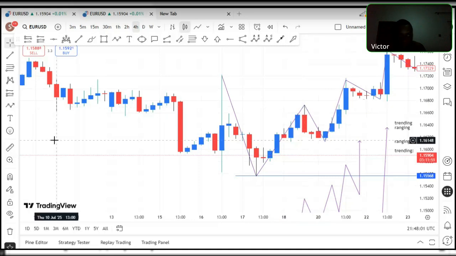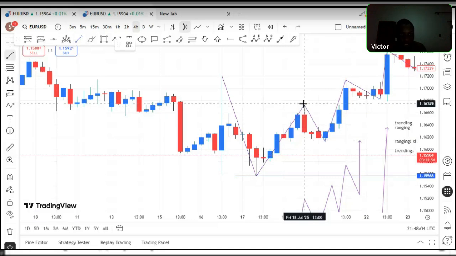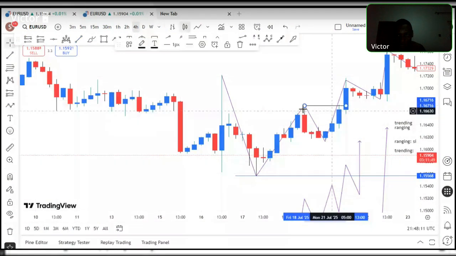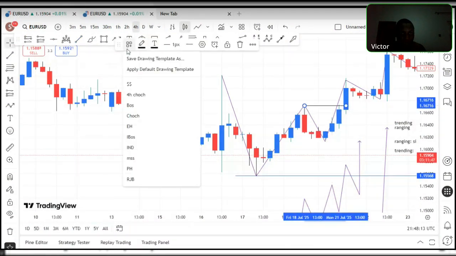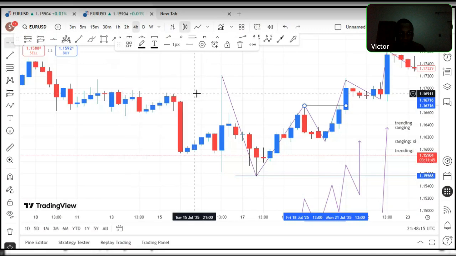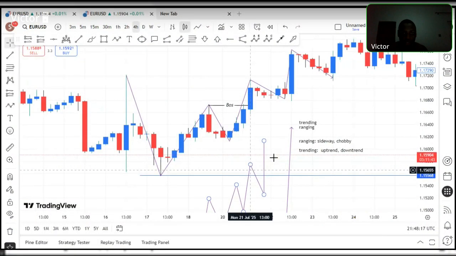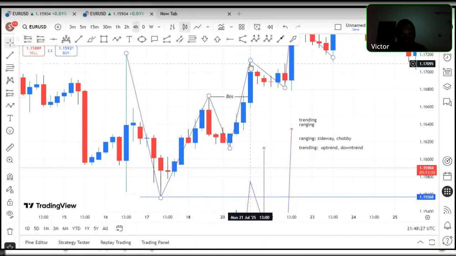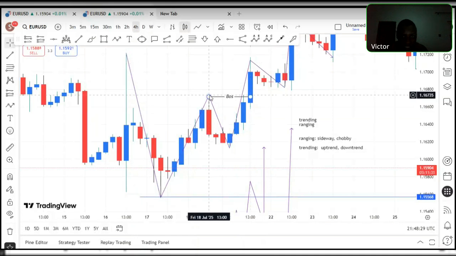That's why, if you watch other traders online, you will see something like this on their chart, and they will have the word BOS inside. BOS is the abbreviation for break of structure. So I told you this key level is actually market structure itself, so price breaking above it is called break of structure.